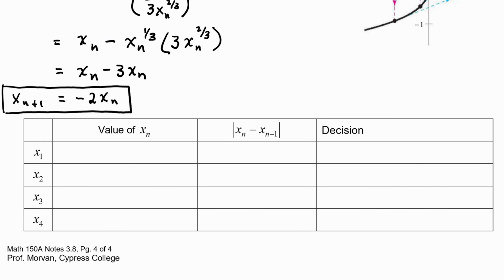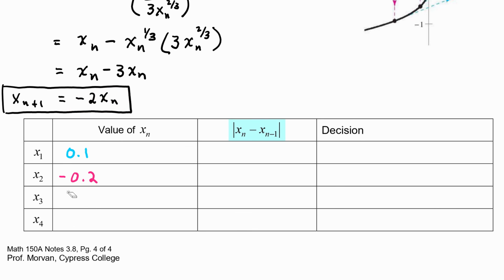Now it's time to calculate values for the successive iterations of xn. And remember, we were told to use x1 is 0.1. Now we don't really need a calculator to do these, because all we have to do is take our current value of xn and take it times negative 2. So 0.1 times negative 2 is negative 0.2.